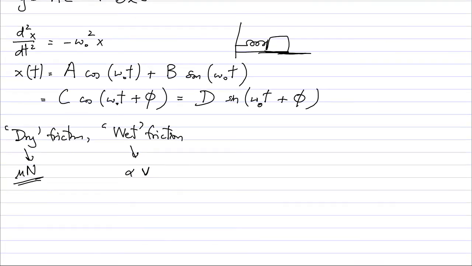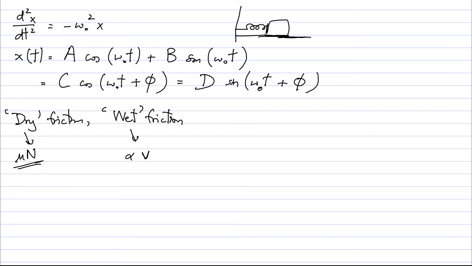So what I'll do over here is assume that there's wet friction present. Let me then write down the equation of motion. Newton's second law says that mass times acceleration of the block is equal to the net force on the block, which is minus kx, and you have minus L dx by dt.